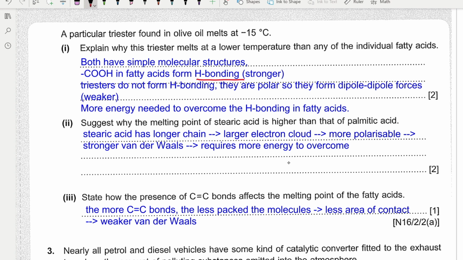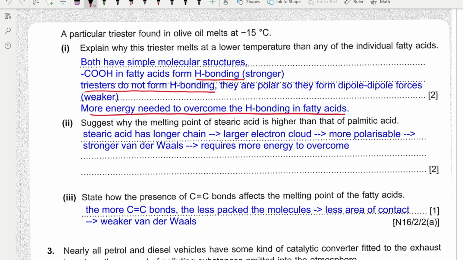But triesters do not form hydrogen bonding. They are polar, but they only form permanent dipole, which is weaker than hydrogen bonding. So more energy is needed to overcome the hydrogen bonding in fatty acids, making the melting point of fatty acids much higher than that of the triesters.